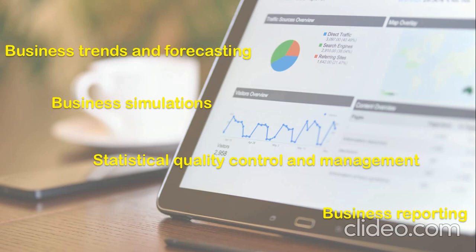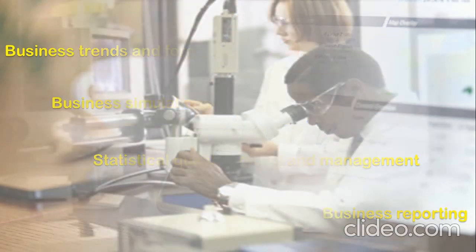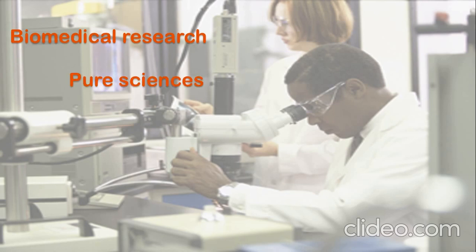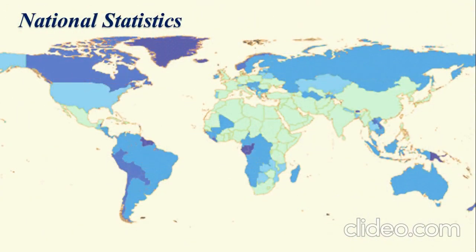Not only does statistics find its application in business, also in things like engineering. It finds its application in biomedical research, pure sciences, engineering, social sciences. You also notice that almost every country produces its national statistics through their Central Statistics Office.